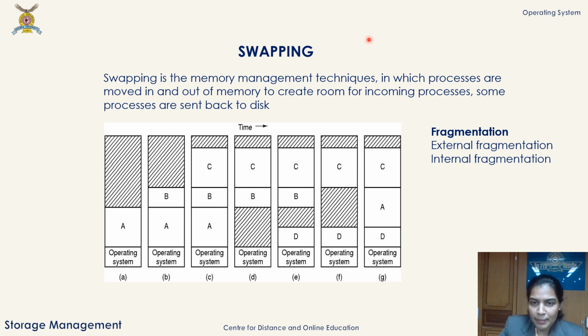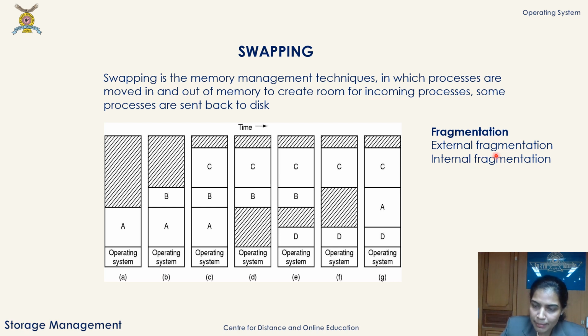In internal fragmentation, the memory block assigned to a process is bigger. When the process is small and the partition allocated to it is big, the small portion of memory left unused cannot be assigned to any other process. That kind of fragmentation is called internal fragmentation.